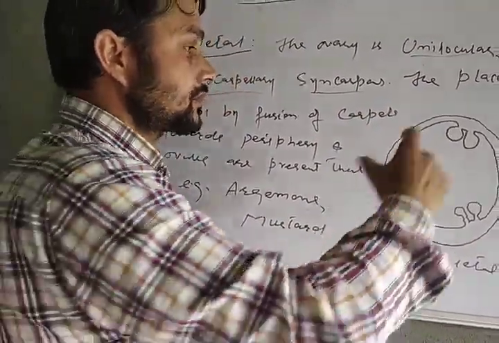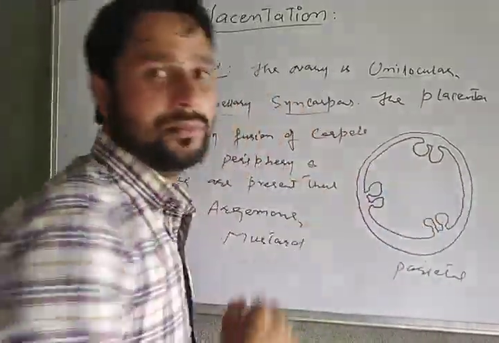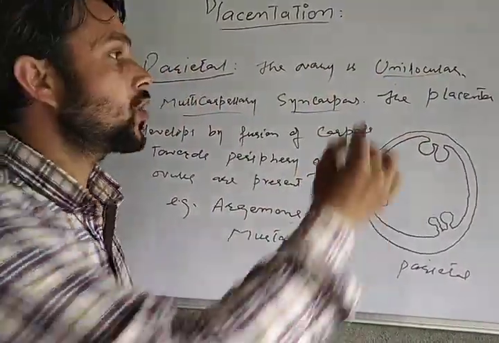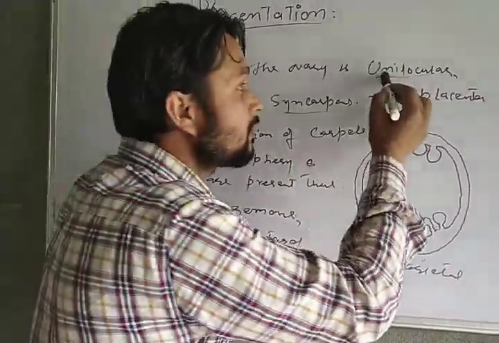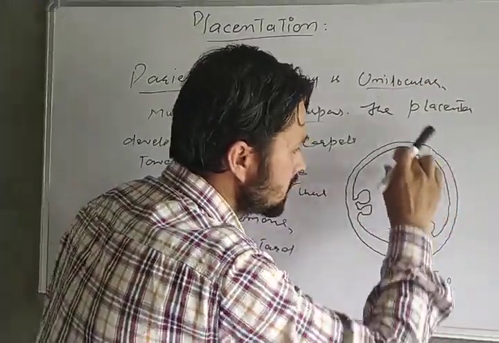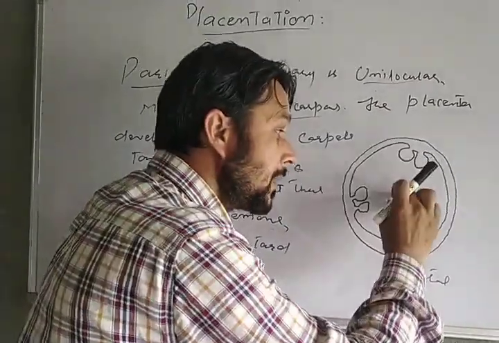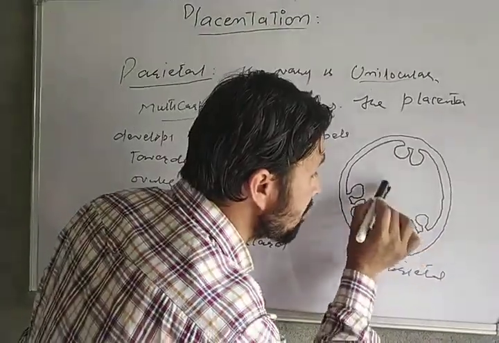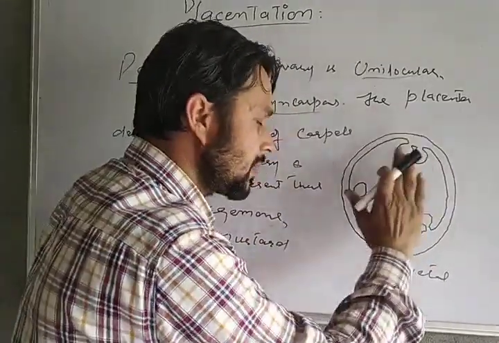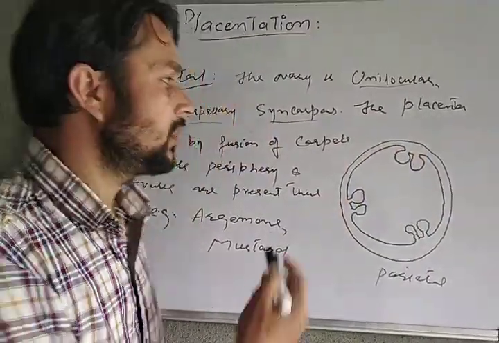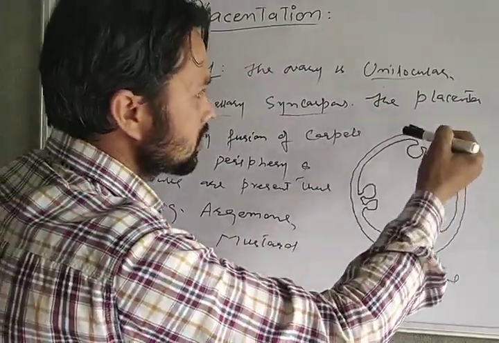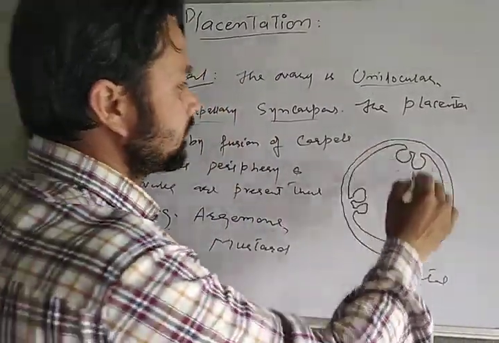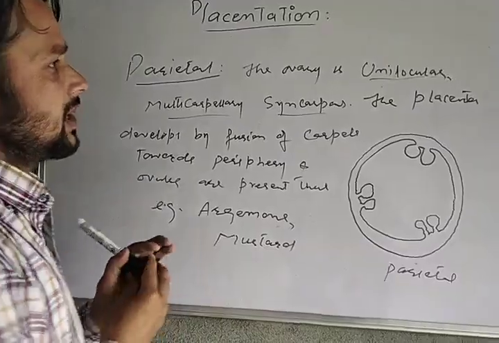There occurs a pseudoseptum, where the ovary remains bilocular, that is, the ovary is differentiated into two chambers, but these are pseudolocules, and a pseudoseptum occurs in the case of the Brassicaceae family. Otherwise, placenta development occurs, or ovules occur, towards the periphery of the ovary. This is parietal type of placentation.